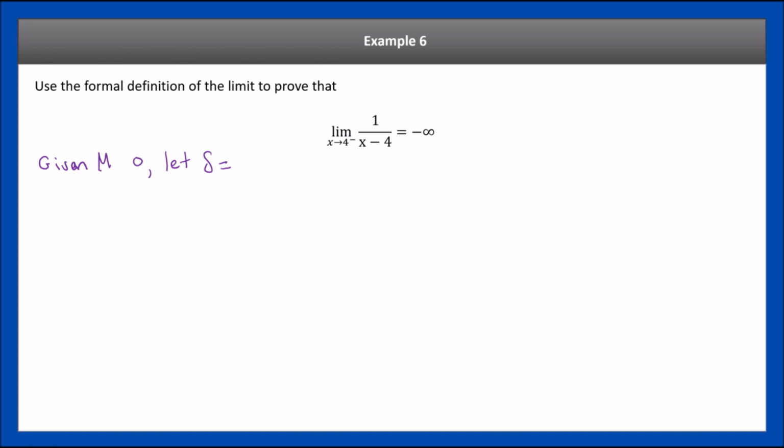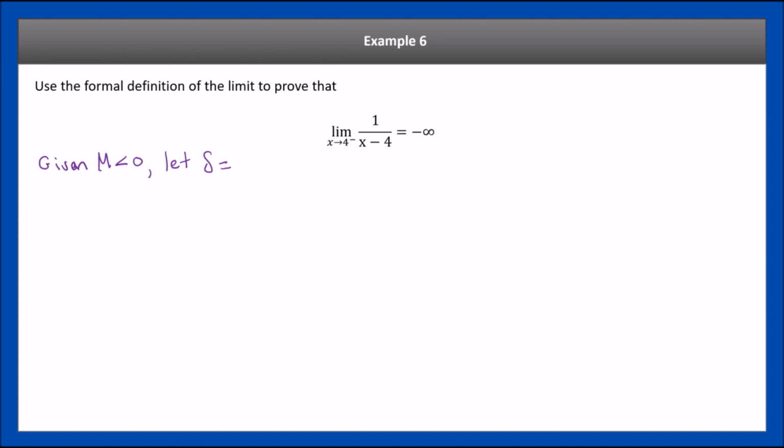Oh, this is going to be less than 0, I'm sorry. M has to be negative because we're looking at the situation where we have a cutoff m that's less than 0, right? Because we want it to be negative infinity. Okay, so looking at negative infinity, m has to be less than 0. So given m less than 0, let delta be some number.